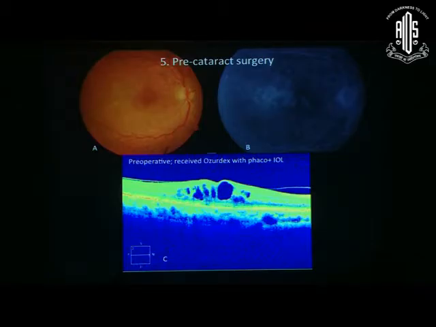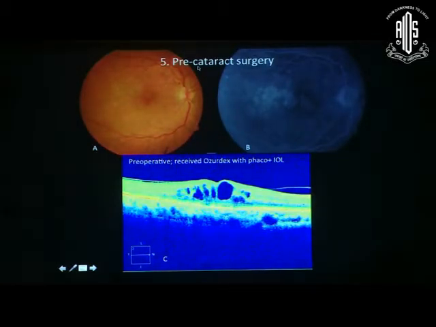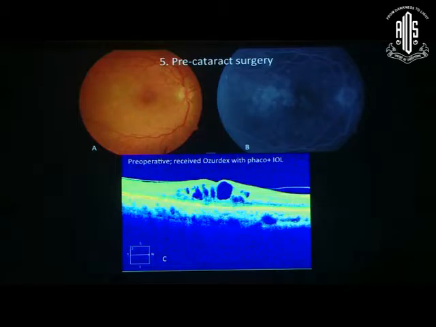And this is the last and I think the most important indication for us, which is pre-cataract surgery. We have published it in Ophthalmology, where we randomized our patients with diabetes and cataract to receive cataract surgery with Ozurdex implant or without Ozurdex implant. These are pictures from the journal where we published. You can see a good grid done before surgery, but there is macular edema.